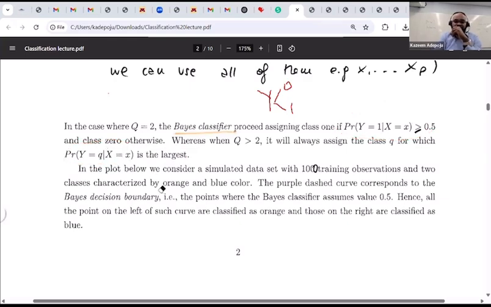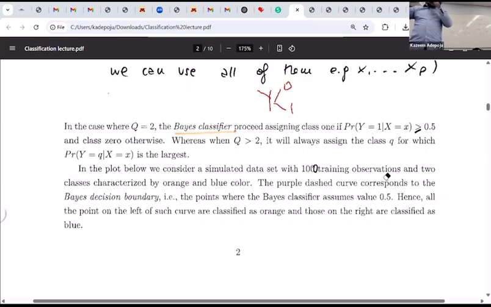Okay. Now, as I said, in the plot below we consider a simulated data set with 1,000 training observations, because let me tell you this, the way we can evaluate the performance of a classifier is when we conduct an experiment where we have some training data and we have a test set.